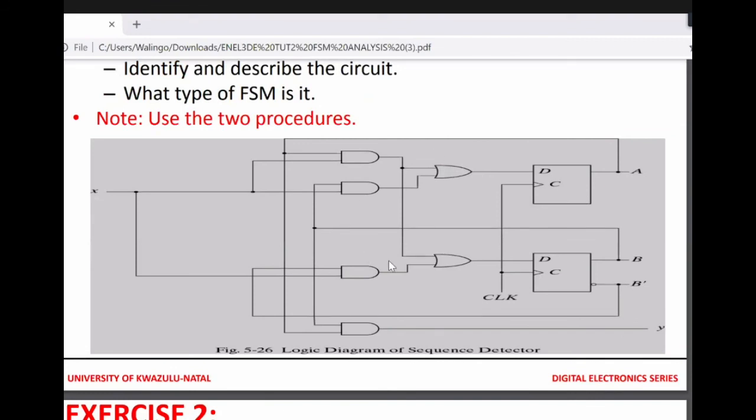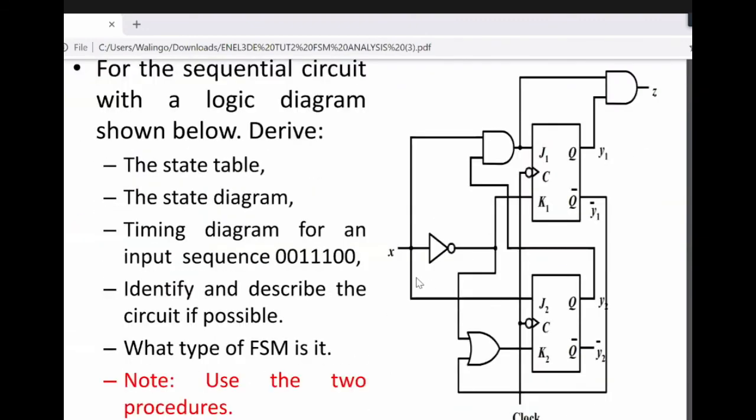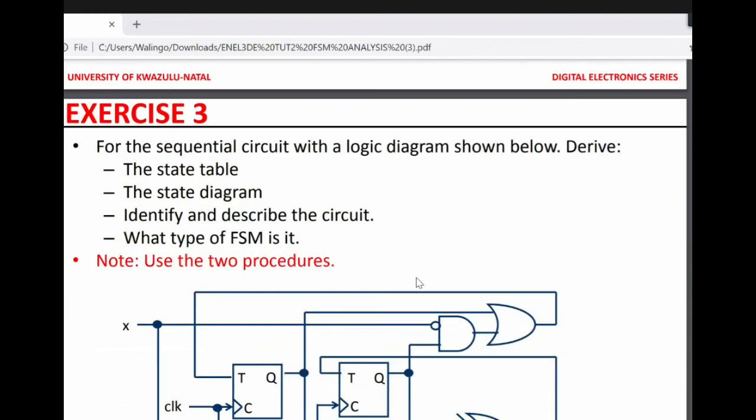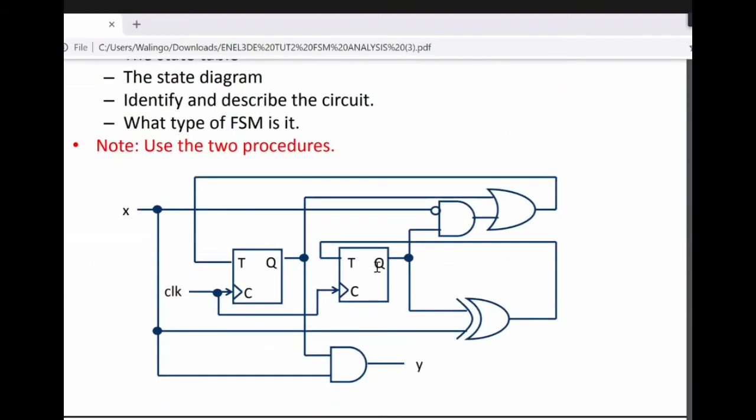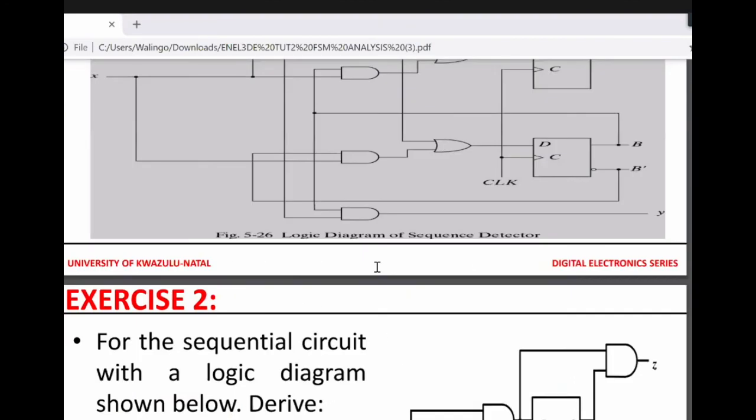The procedure is the same: label, get the inputs. The D flip-flop one is easy. There is another one with JK, same procedure, you identify it. There is another one with T. So just go and practice those 3, and then we will look at them in the TAT. We won't have much on Monday in the TAT, and then we'll be done with analysis.